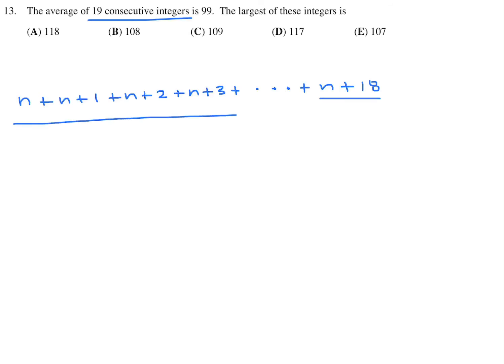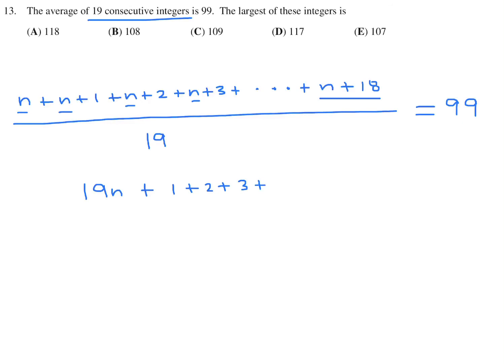And they're talking about averages, so you're going to divide by the total, and they've told you that is 99. So now we can just solve. How many n's do we have? Well, there's 19 of them. So we got 19n. And then you have 1 plus 2 plus 3 all the way until 18. And then cross multiply 19 times 99, which is 1881, like that.